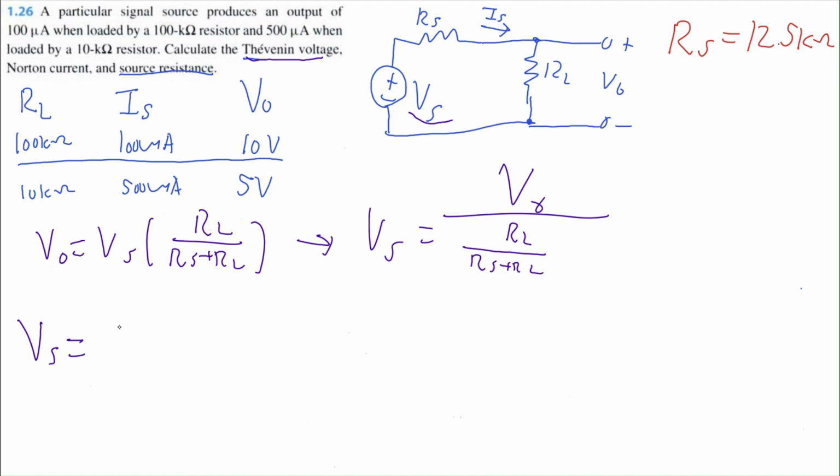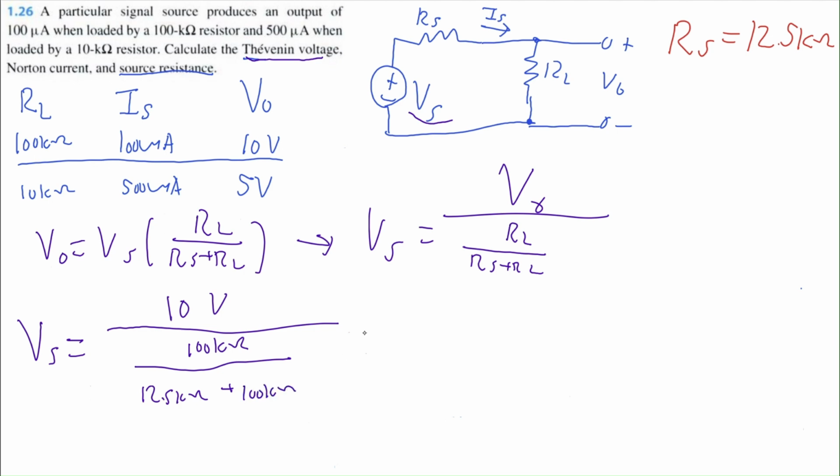I'll just do the first one. So we have VS is equal to 10 volts divided by RL, in this scenario 100 kiloohms, divided by RS, which we calculated to be 12.5 kiloohms, plus another 100 kiloohms. Get my calculator. Okay, so that is 11.25 volts. So this is our Thevenin voltage.